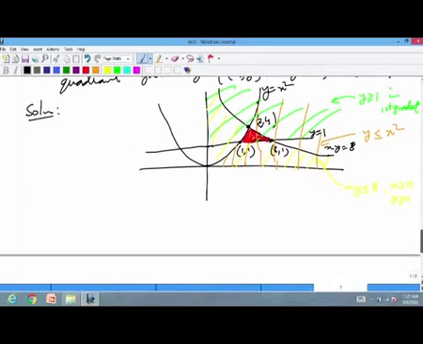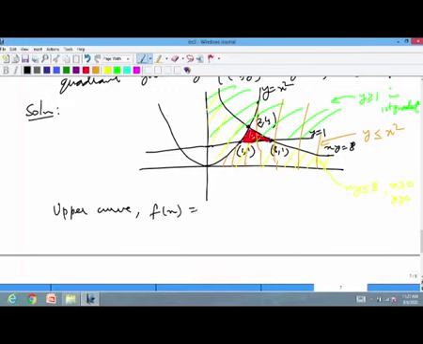Now, once we have drawn this, this is now easy to do. So, here what is the upper curve? Let me write this upper curve f x.